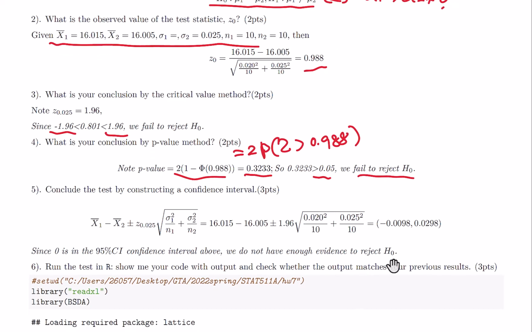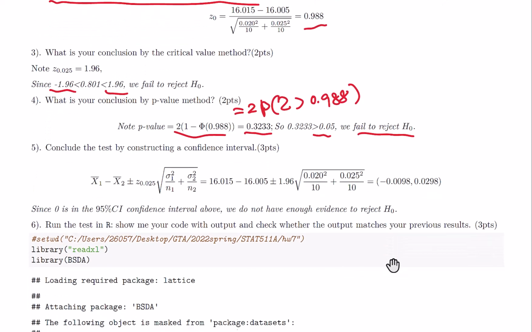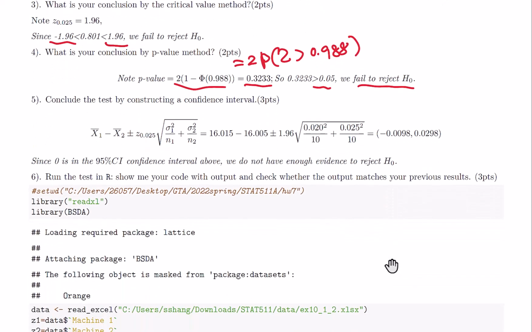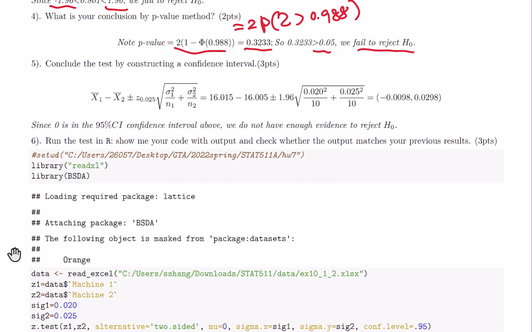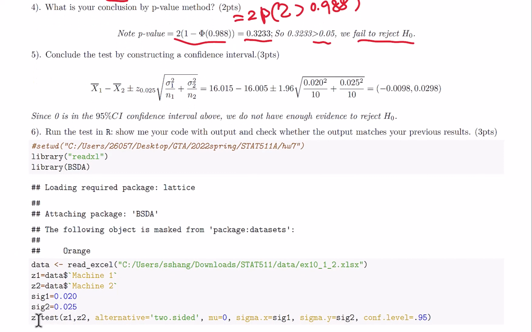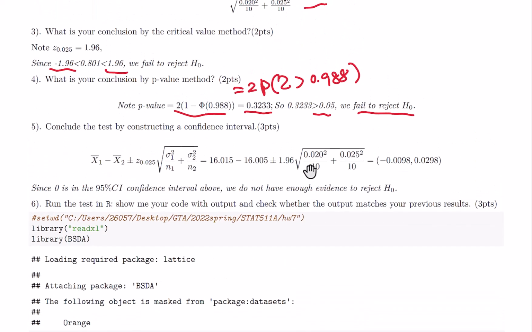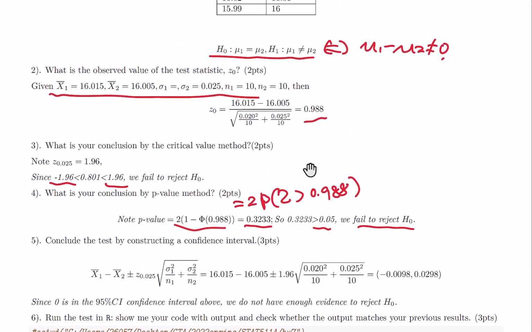And part 6 is about how to do it in R. To do it in R, we have to use a command, which is z.test, from the package BSDA. And then we import the data into R and specify this X and Y, basically machine 1 and machine 2 on this table.